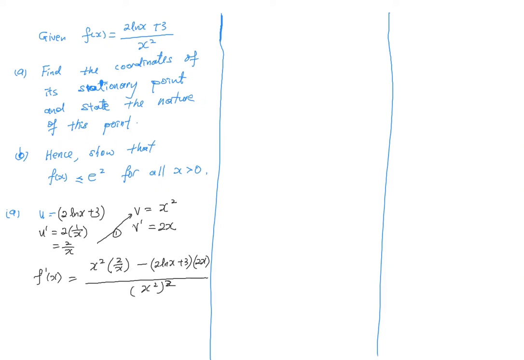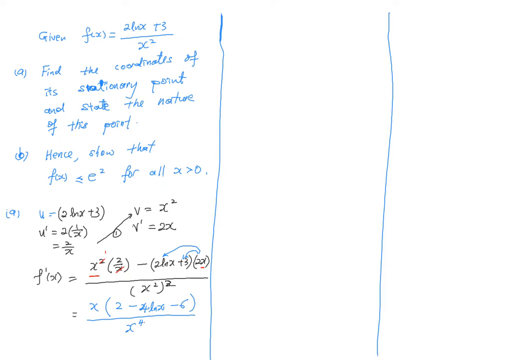So what you need to do is simplify first. Then you factorize out the x. So here left with 2, take away. Be careful, expand it. 2 times 2 is 4 ln x, minus 2 times 3 is 6, divided by x to the power 4.